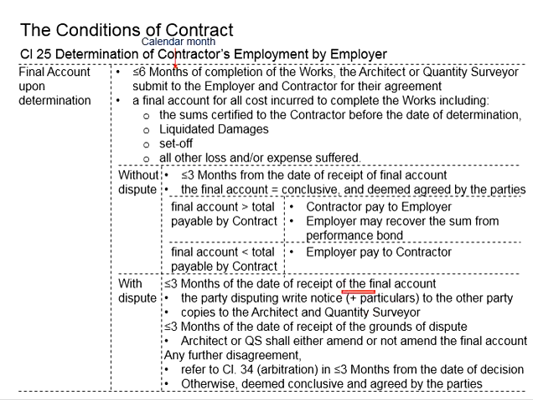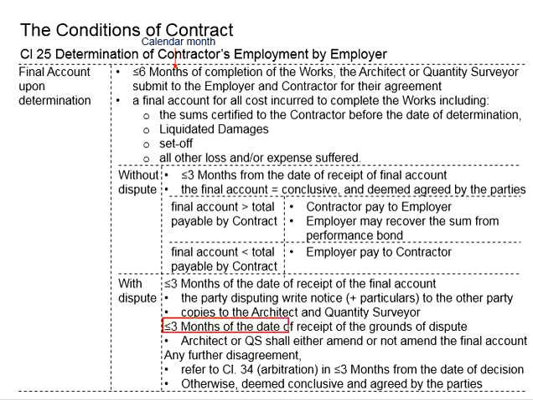The relevant particulars will need to be enclosed to prove the dispute, and this notice will need to have a copy to the architect and the quantity surveyor, so that the contract administrator is aware of this in order to trigger the dispute process.